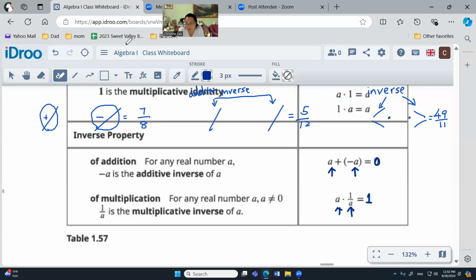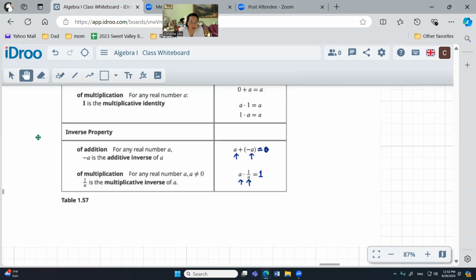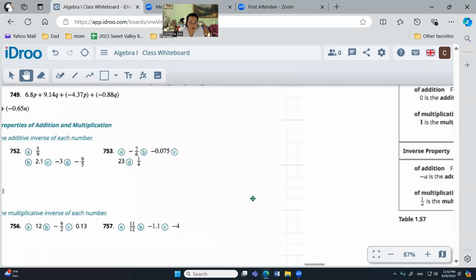Multiply become 1 and add become 0. They are called inverse. One is additive, one is multiplicative. You need to look up how to say it. All right, come back. Additive inverse.